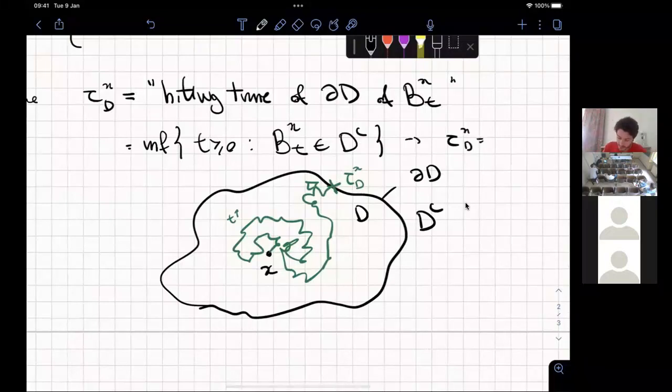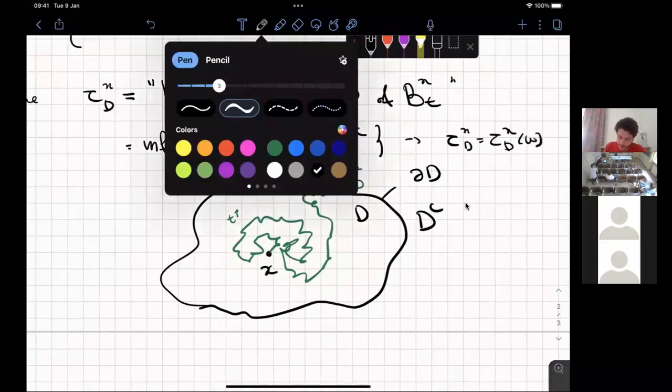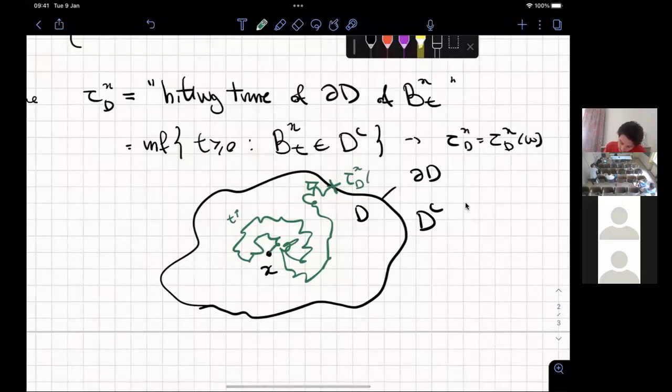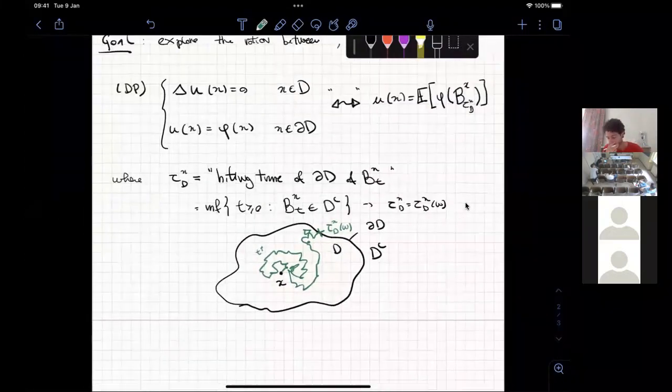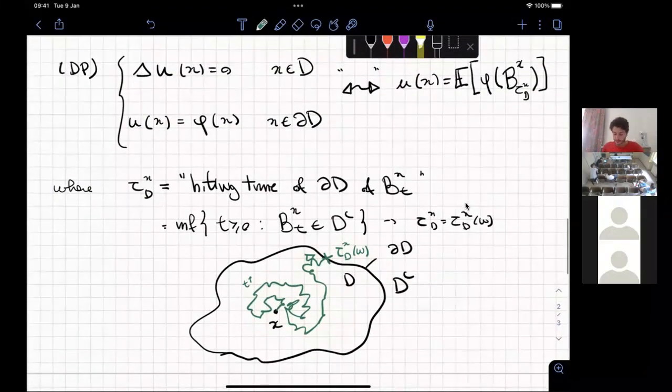So tau_D is actually tau_x^D of omega. And so at the very end, we have this random time. So we have this picture: take the Brownian motion, let it evolve until this part.